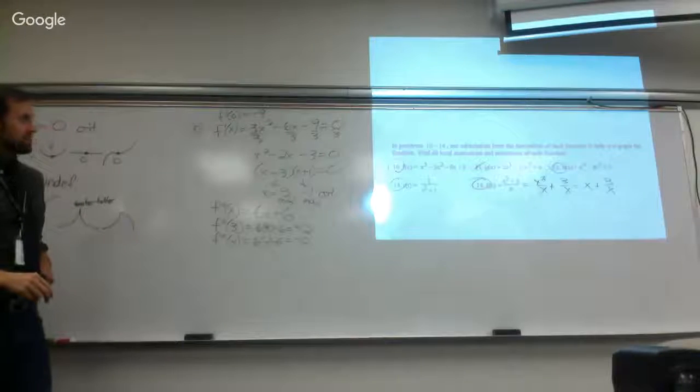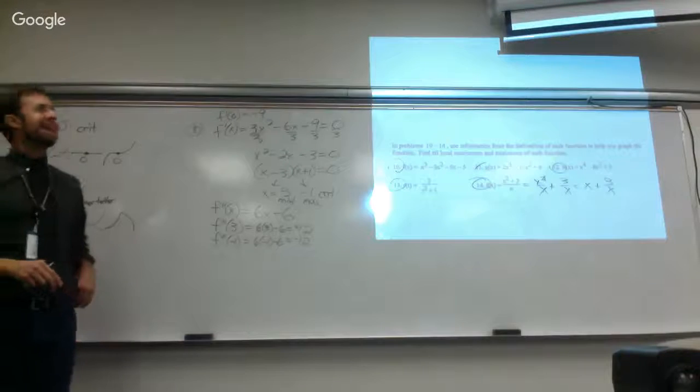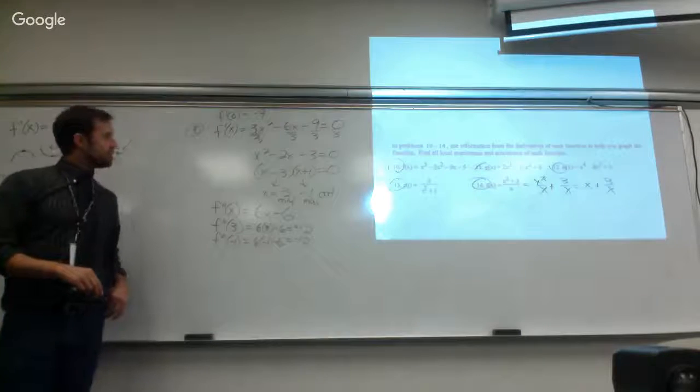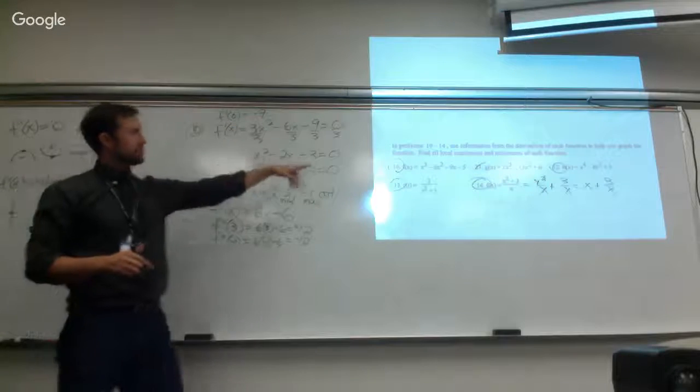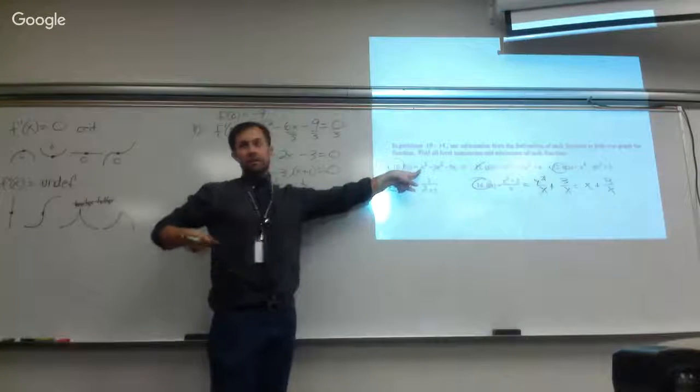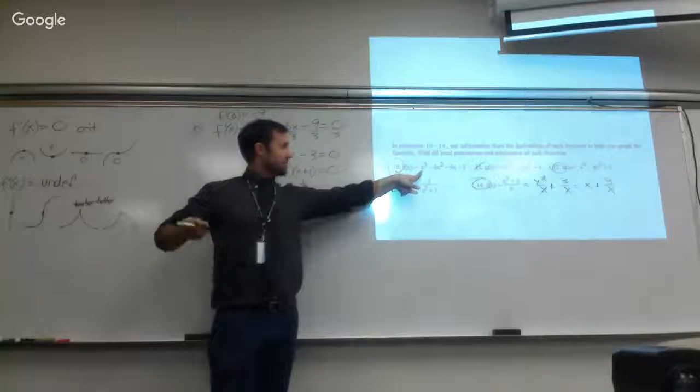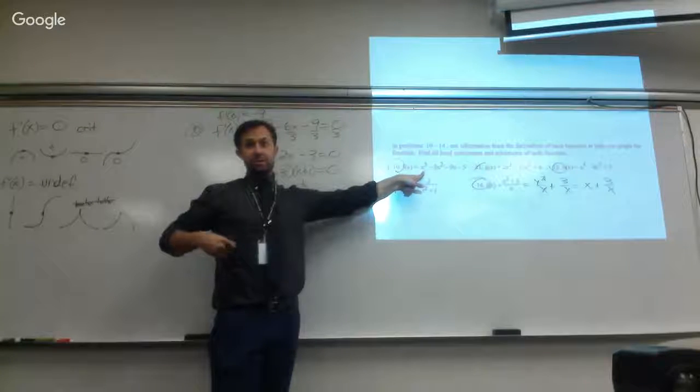Now, actually, there's one other thing we didn't do, and we didn't solve for the x-intercepts. How do we know where the graph goes through the x-intercepts? Do we know how to solve a cubic? We actually don't know how to solve a cubic.